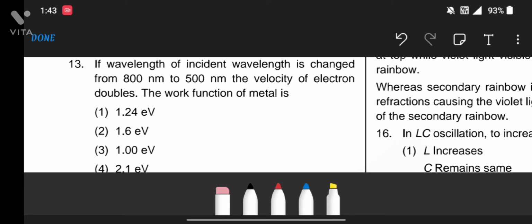They are asking that if the incident wavelength is changed from 800 nanometer to 500 nanometer, means they are decreasing it, then the velocity of the electron will be doubled. Then what will be the work function of the metal, we have to find. Options they have given are 1.24 electron volt, 1.6 electron volt, 1 electron volt and 2.1 electron volt.